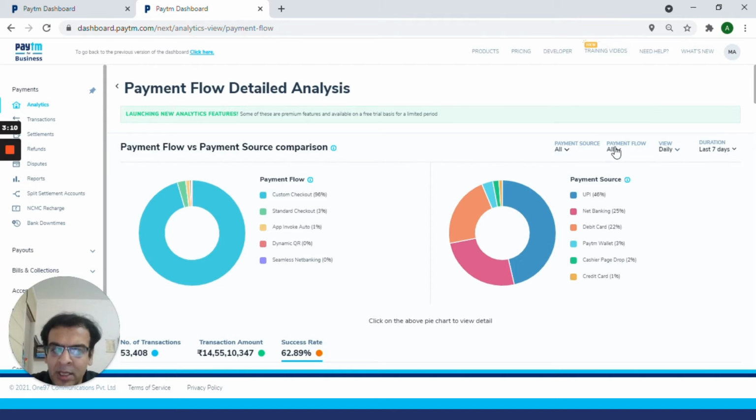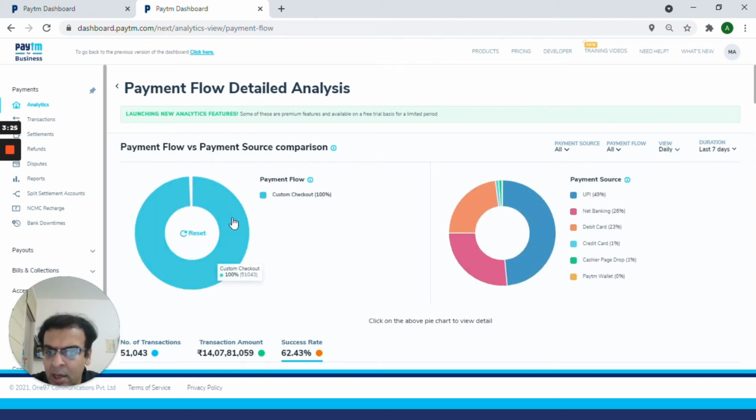Either you can use these filters for selecting the data, or you can just click on these pie charts and the corresponding payment flow and payment source would automatically get selected. So for example, if I just click on the blue part of this pie chart, custom checkout will get selected.